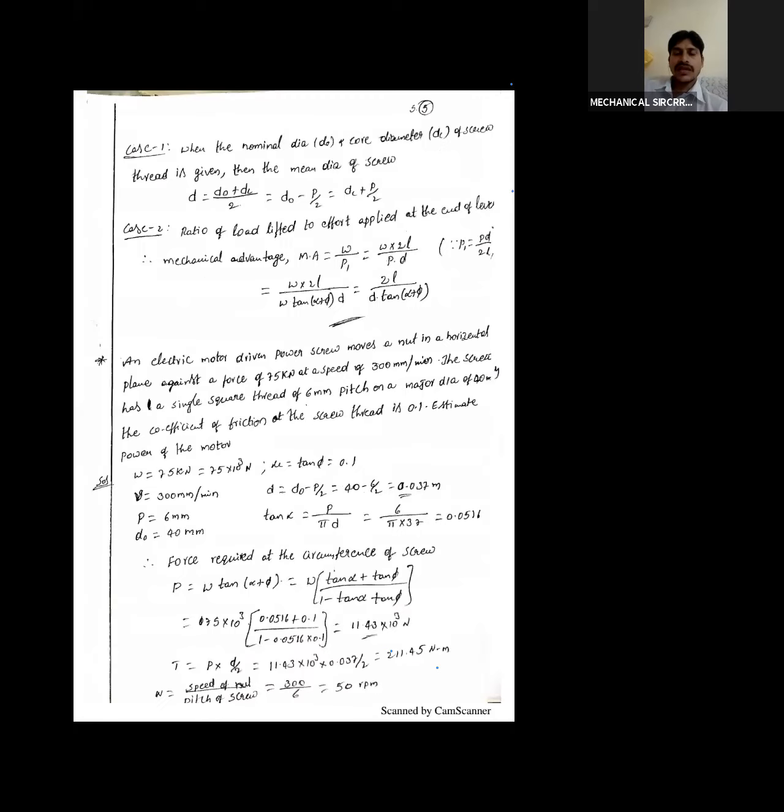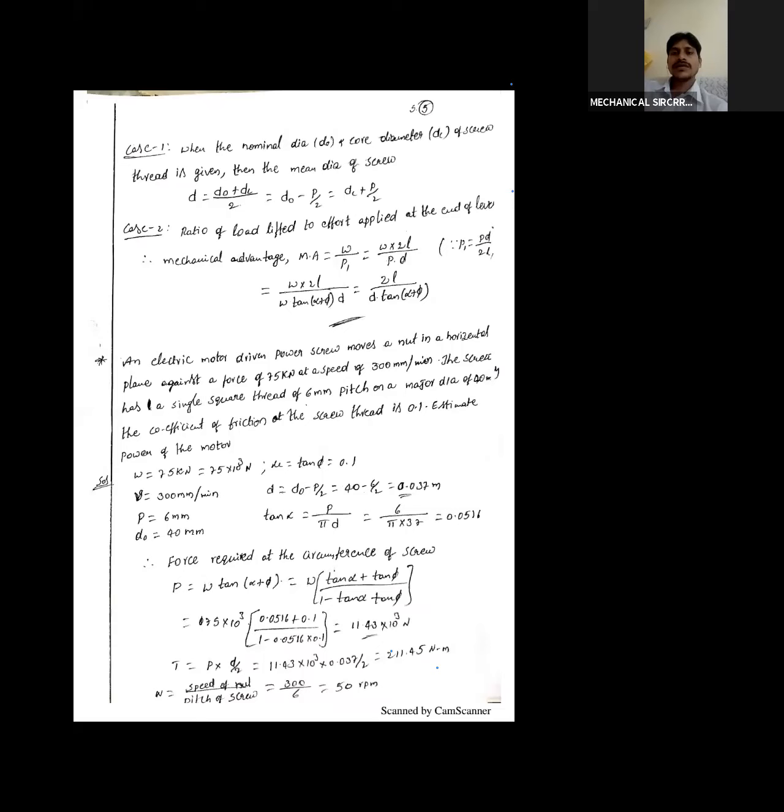Observe our screen: mechanical advantage is W by P1, where P1 is the effort applied at the end of the lever. Not only the effort required to lift the load, which is P, but P1 is the effort applied at the end of the lever. That is the small difference.